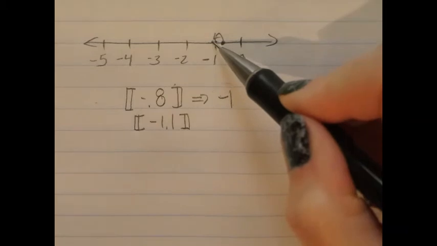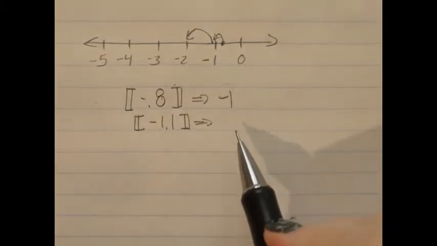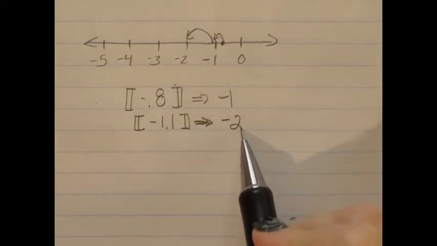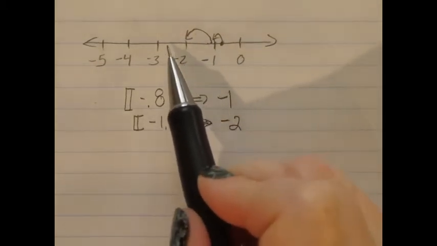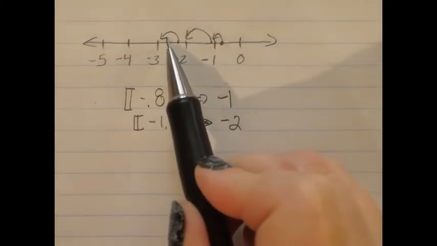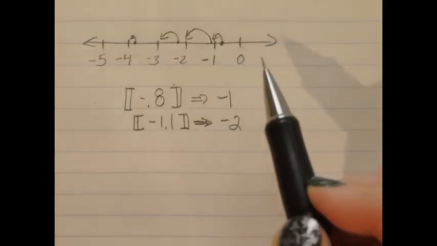So negative 1.1 rounds down to the nearest integer, which is negative 2. It feels weird, especially with the negatives, because we're not used to rounding down like that. If I have negative 2.4, I round to negative 3. If I have negative 3.999, I round to negative 4.